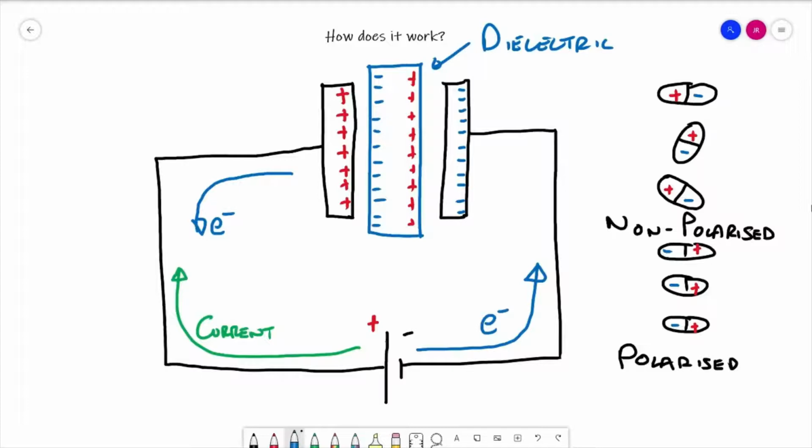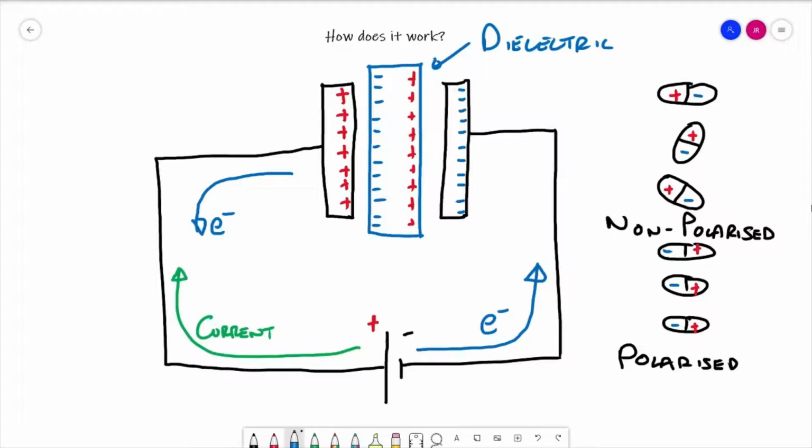And so what we end up with is even more charge being able to be stored on these two parallel conductors. The better the dielectric is at insulating the two plates from each other, the more charge we can then store on the capacitor in total.